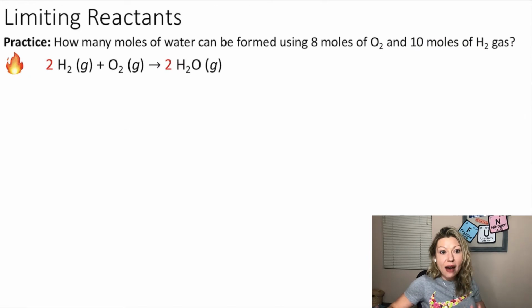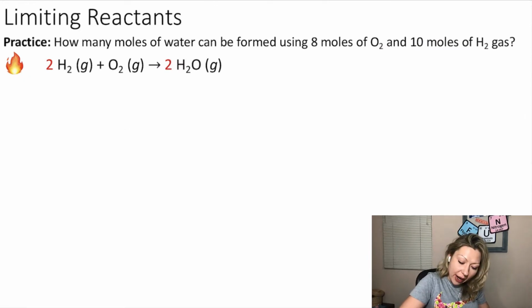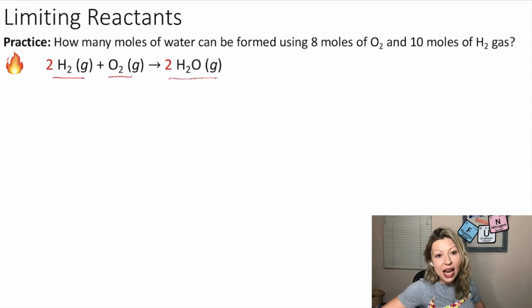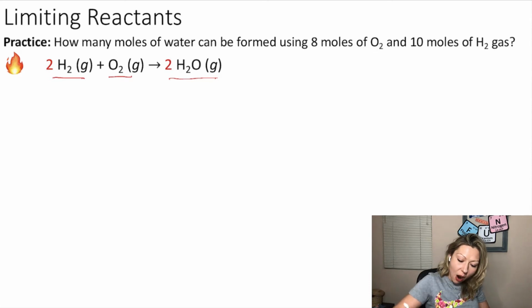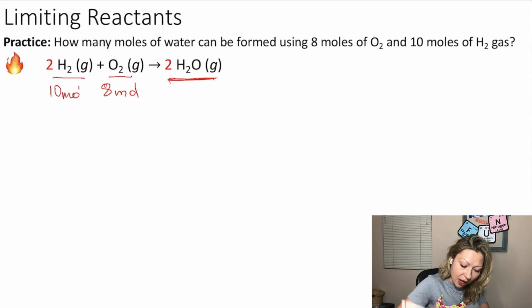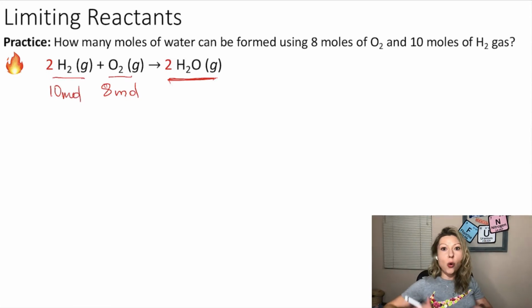So we have our reaction where we react hydrogen gas with oxygen gas, forming water. And the question is, how many moles of water can we form if we have 8 moles of O2 and 10 moles of H2? So which one of the reactants, H2 or O2, will I run out first?